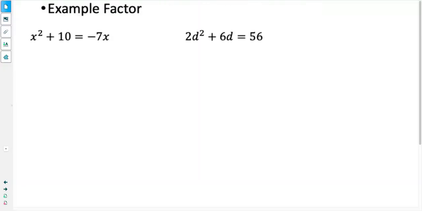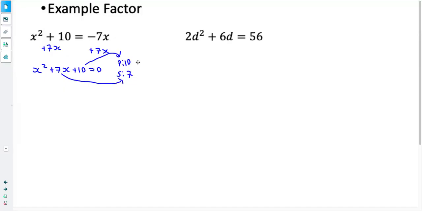So for example, factor: we've got x squared plus 10 minus 7x. First thing I'm going to do is move everything to one side. So I'll add 7x to both sides. That gives us x squared plus 7x plus 10 equals 0. Now, this kind of factoring is sometimes called product sum factoring because we're looking for a product, which will be this last term of 10, and a sum that is this middle term, which is 7.